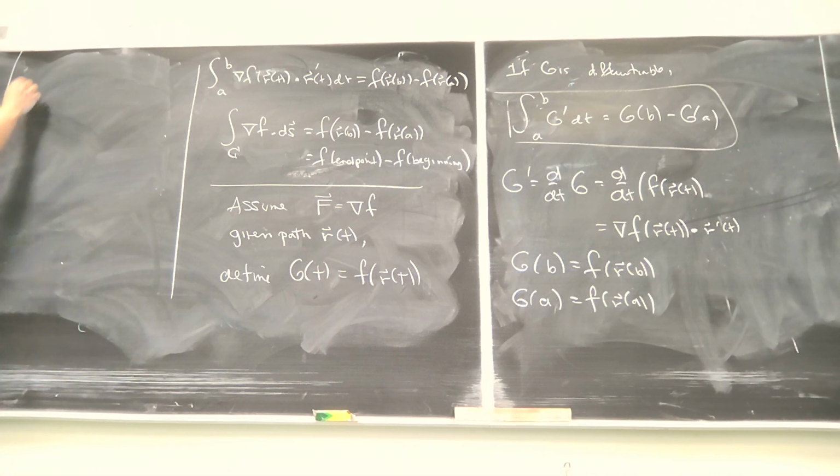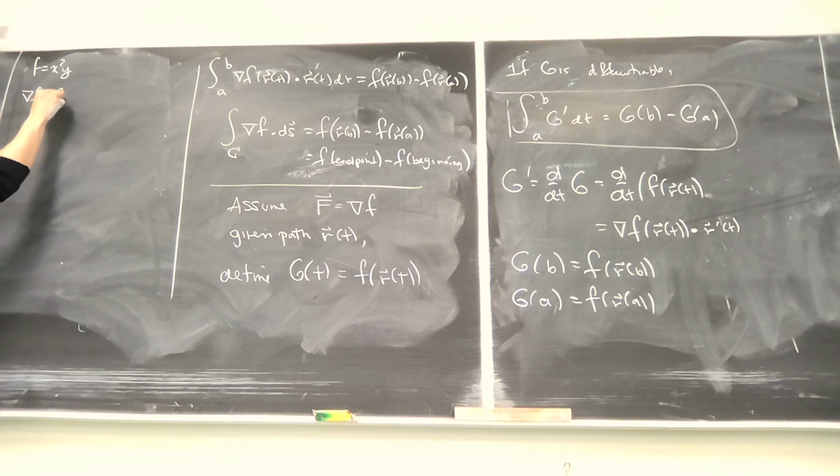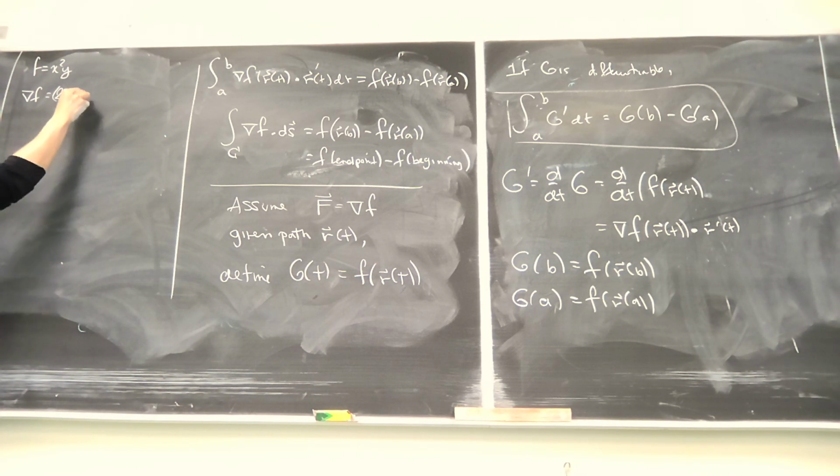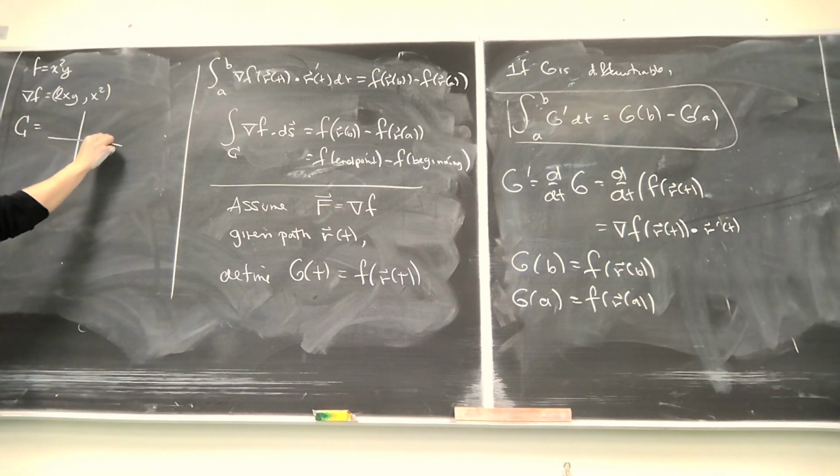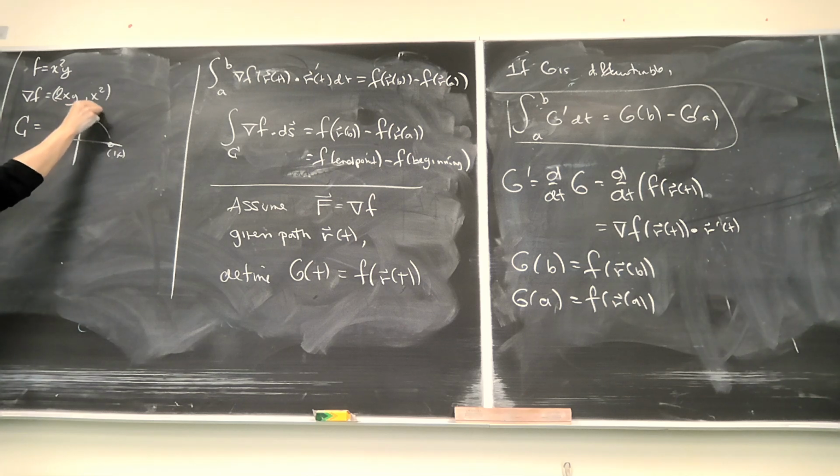All right, so let's look at f equal to x squared y. And the gradient of f is equal to 2xy comma x squared. And let's let our curve C be the quarter circle that starts at the point (1, 0) and wraps around to the point (0, 1).